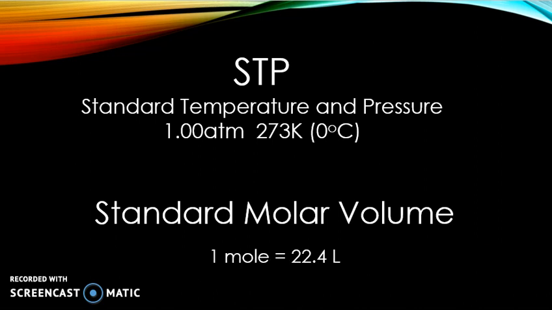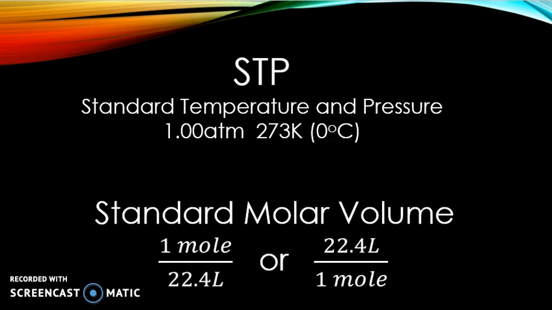Because we can write this as an equivalent statement, that 1 mole equals 22.4 liters, but only at STP, we can use that as a conversion factor. So I can present that as 1 mole per 22.4 liters, or 22.4 liters over 1 mole.